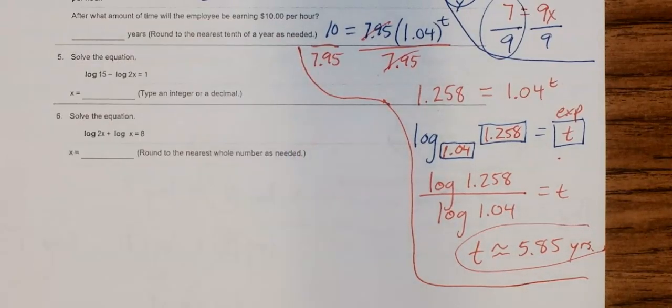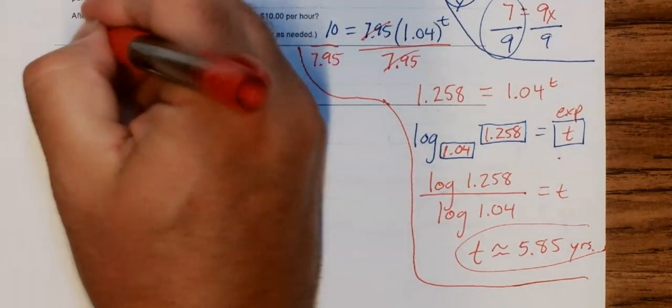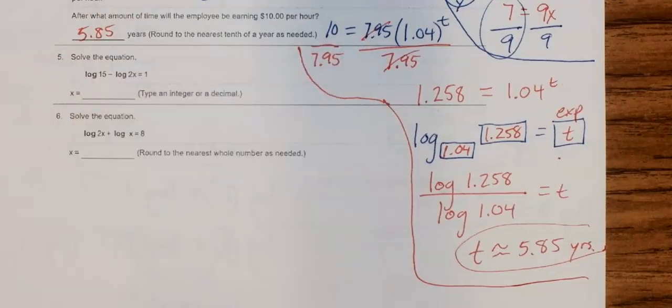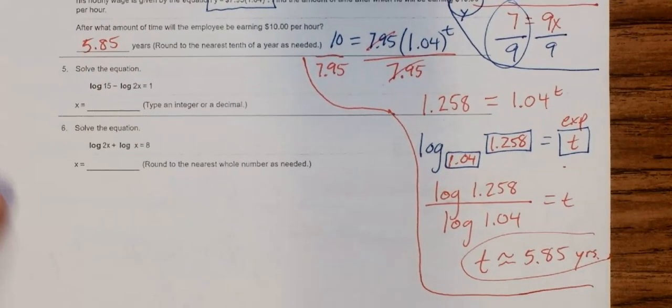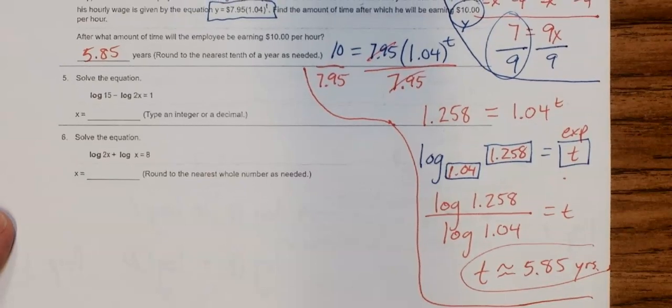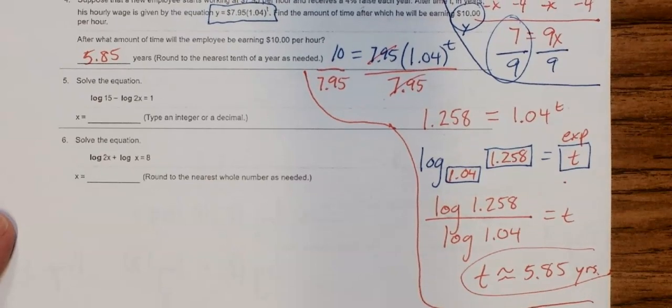So it would take us almost 6 years to get to $10 an hour, which maybe back in the day would have been nice. But, I mean, I remember my first job in 1988. I was corn detasseling, and I made $3.60 an hour. So $7.95 would have been fantastic.